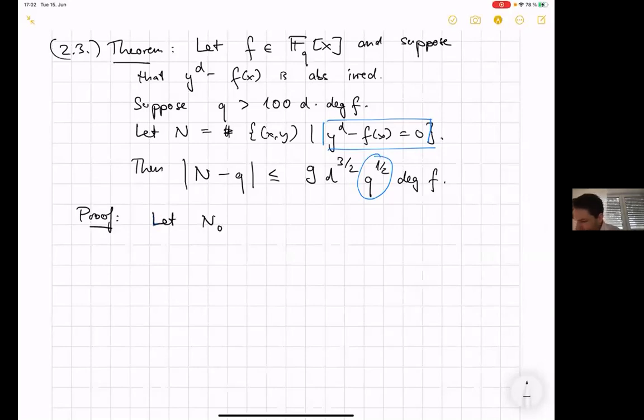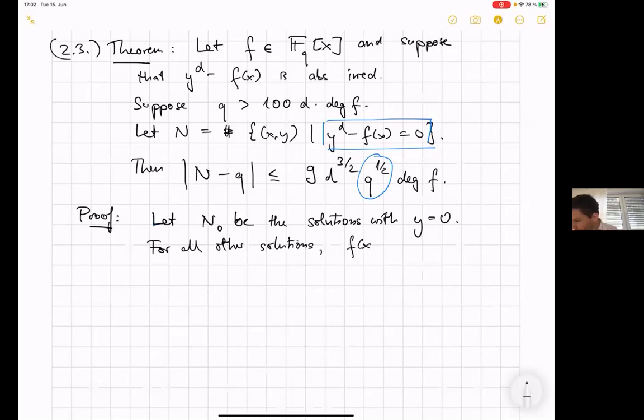Let n0 be the solutions with y equals 0. These just correspond to the zeros of f. And for all other solutions, f of x is a dth power in F_q star.